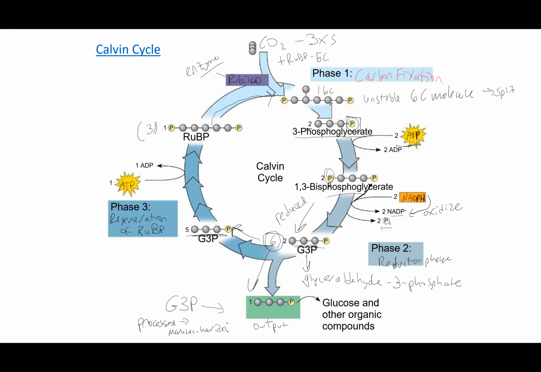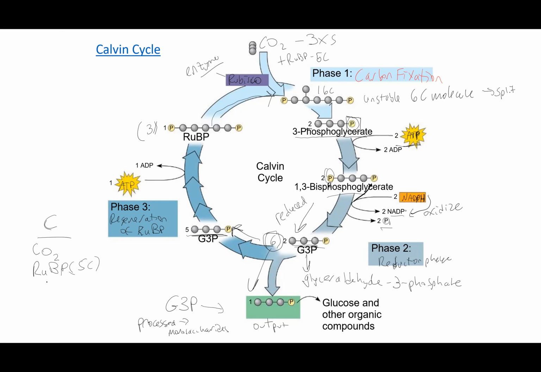In terms of carbons, where are our carbons going in this reaction? We're bringing in carbon dioxide. And we're bringing in RUBP. So if you do carbon calculations, we have carbon dioxide and we have RUBP, which is a 5 carbon molecule.